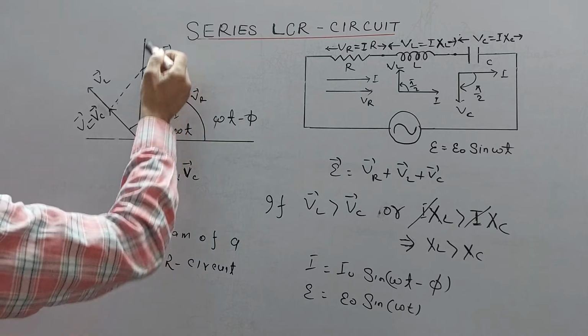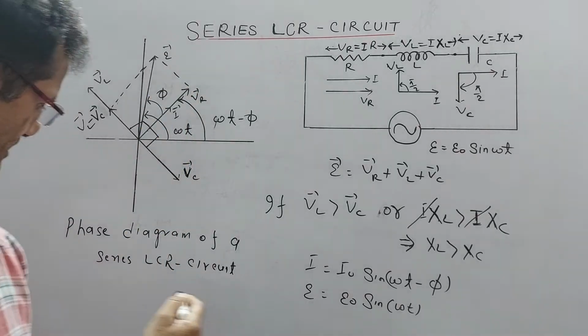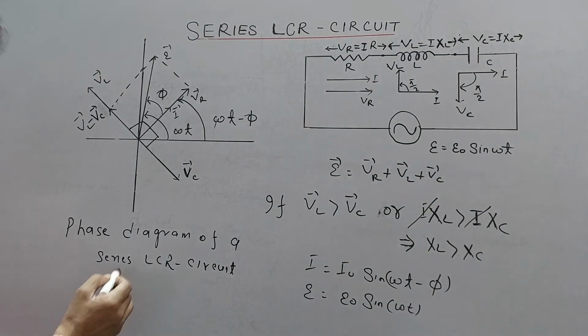In the right triangle, its amplitude, meaning length, is E naught, so E naught whole square.